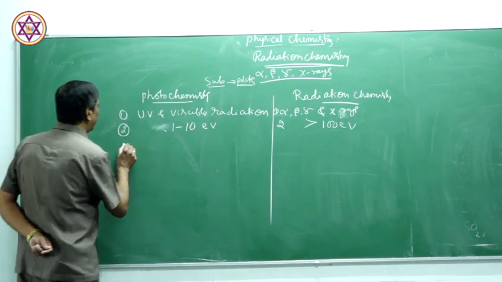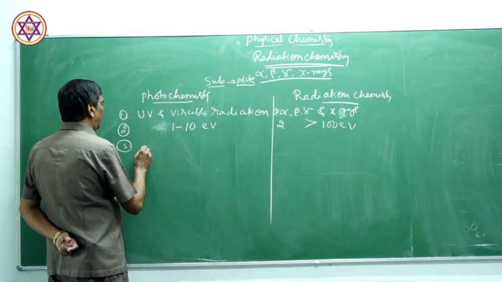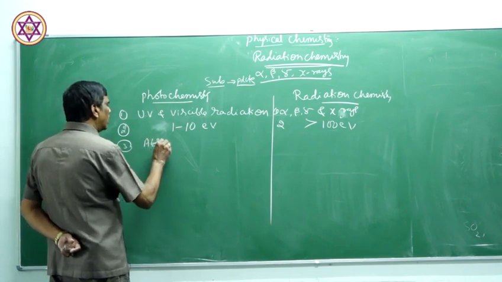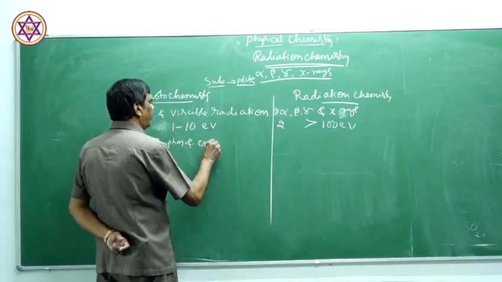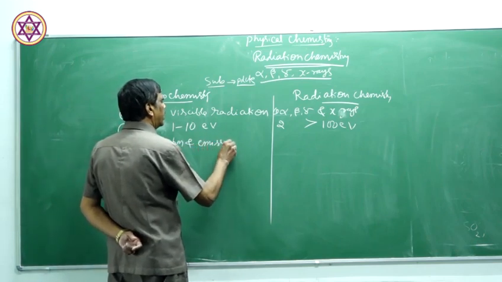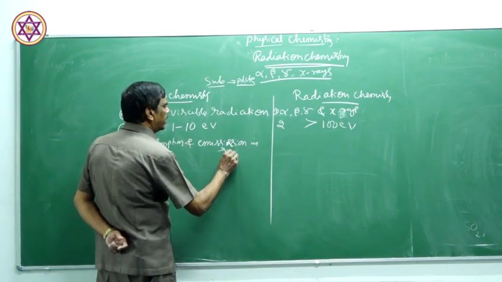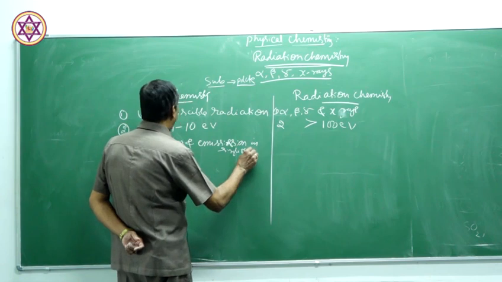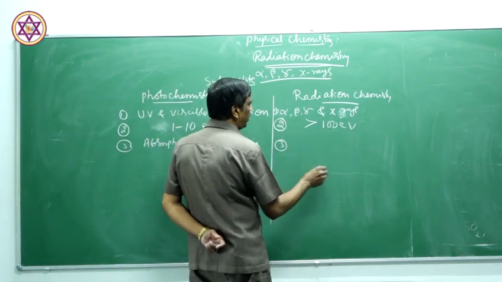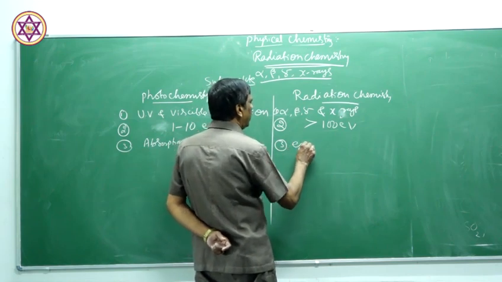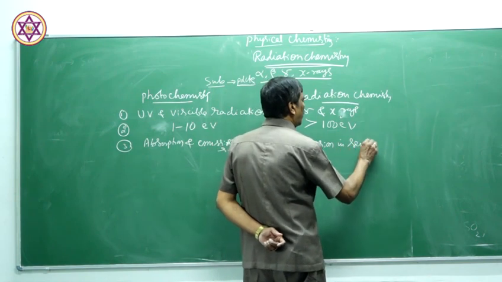The third difference is that in photochemistry, absorption and emission occur in a single step, whereas in radiation chemistry, absorption is in a single step and emission is in several steps.